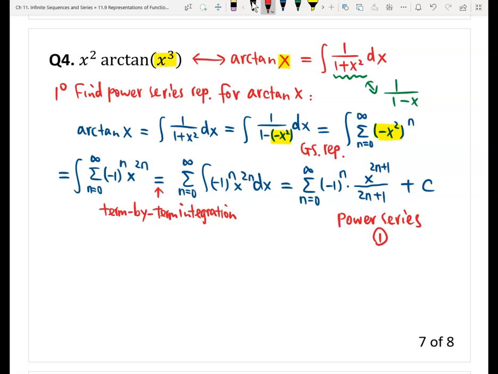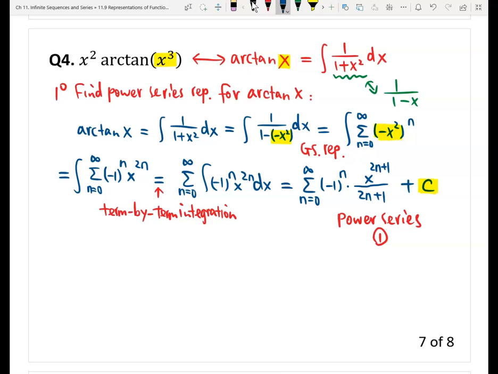We need to talk about the domain, right? But before we talk about the domain, let's talk about this c. We do not like a constant number, and we should find out what the constant number is. This is easy to find.